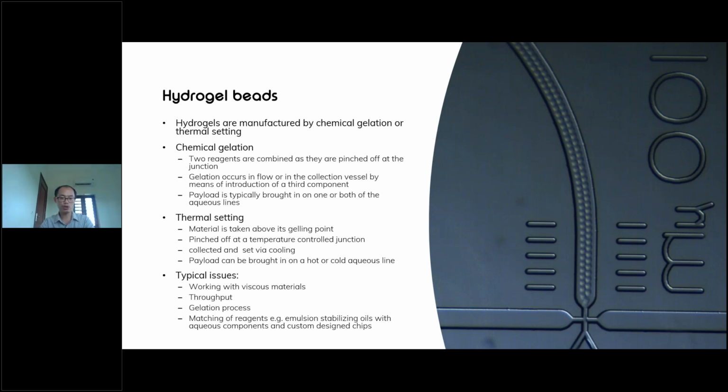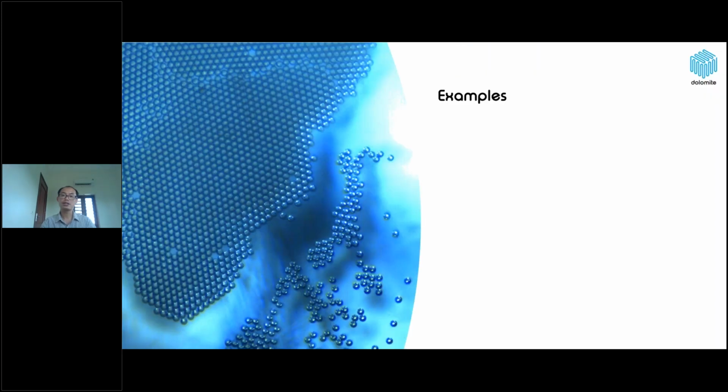And the gelation process can also occur in a very short time, quickly happening, or it can take a long time, like a day or several days. Also the matching of reagents is one of the issues, for example, emulsion stabilizing oil with aqueous component and custom design chip.